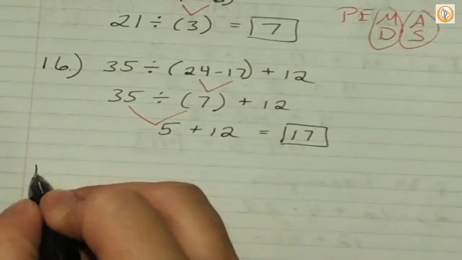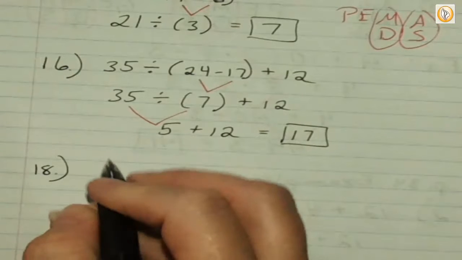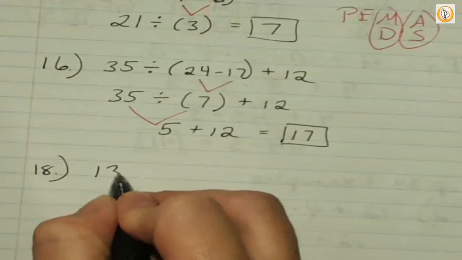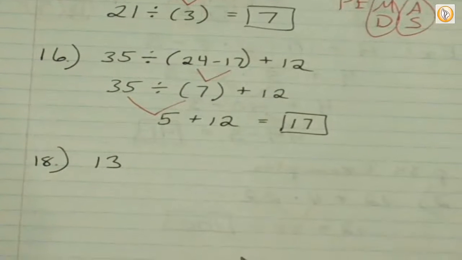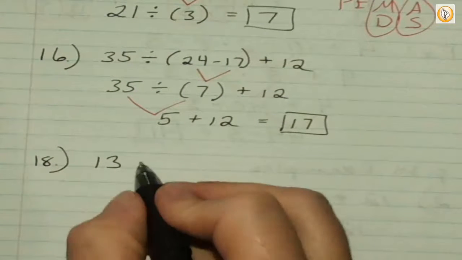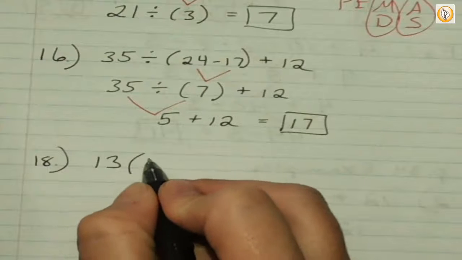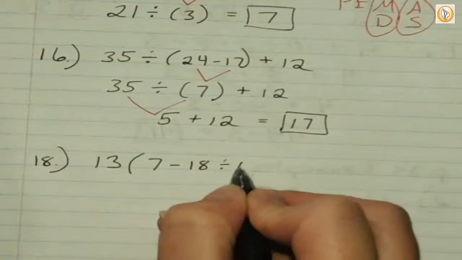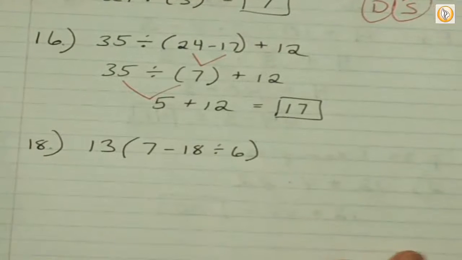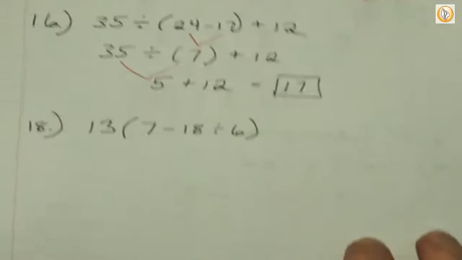Joseph, you should have taken one of the early ones because now you've got 18. By the way, are there any questions for 16? Okay. 18 is 13 times 7 minus 18 divided by 6. All right, Joseph, write it down and let's talk about it.